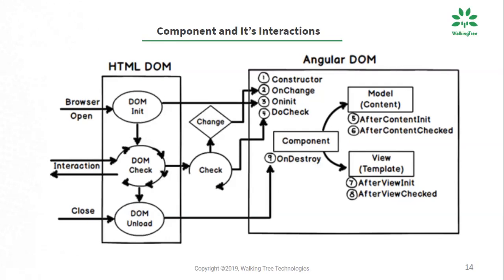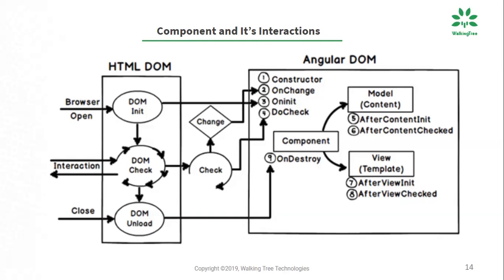But do check, for each and every operation you do on the DOM, will trigger the change detection lifecycle, and the change detection lifecycle is going to affect all the nodes in that DOM structure. Suppose you have a button and you are moving your mouse. That is a change detection lifecycle.